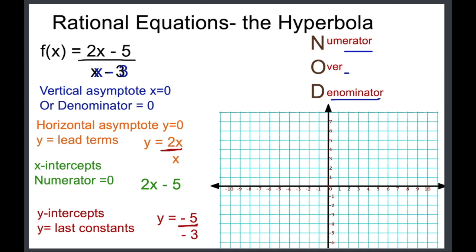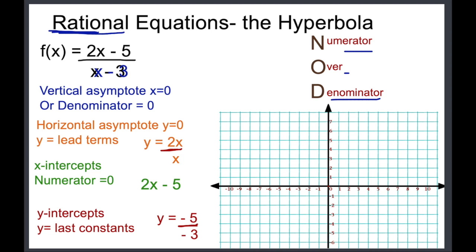Basically a rational equation has x in the denominator. That's what makes it a rational equation. The root word of rational is ratio. The root word ratio means fraction, and you'll notice I have a fraction with an x in the denominator.